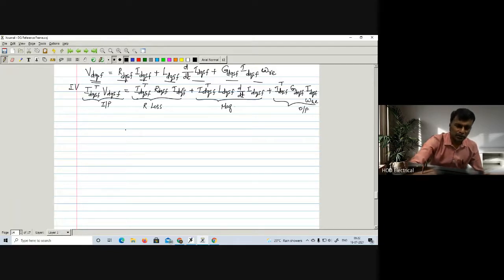So now we can write the output power. We can derive it as torque times the mechanical rotor speed.